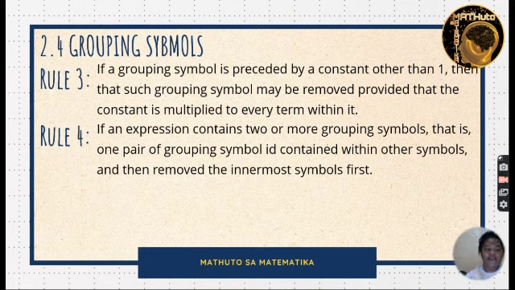Then rule 4: if an expression contains two or more grouping symbols, that is, one pair of grouping symbols contained within other symbols, remove the innermost symbol first. So, we need the innermost grouping symbol to be removed before the outermost symbols.